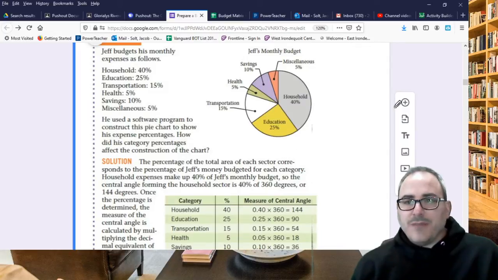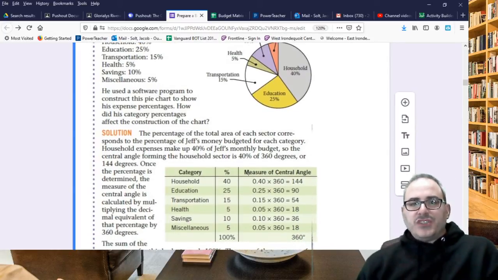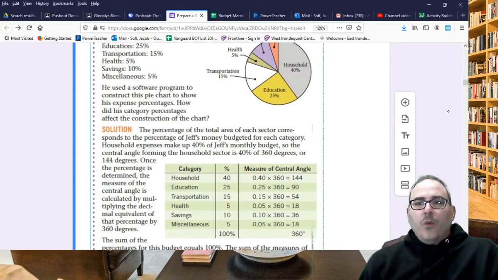So let me show you the math of what's going on here. The computer said, okay, your household expenses is 40%. Well, that means I can convert 40%, because 40% means what? It means 40 out of 100. Because how many cents are there in a dollar? There's 100 cents in a dollar, right?